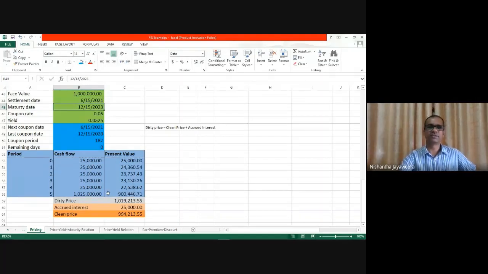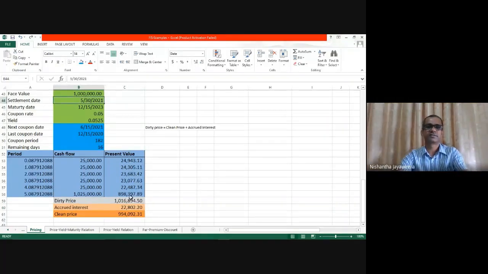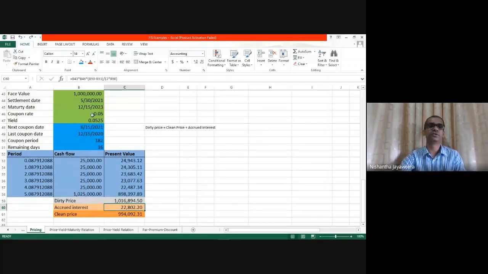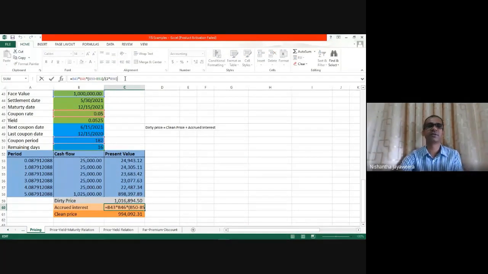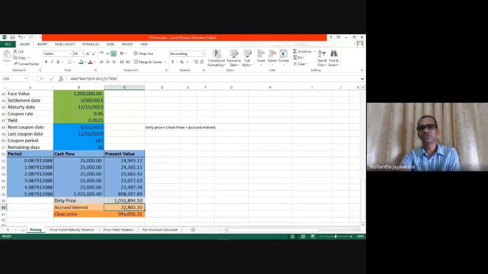Here, because I have put an equation, it will give some number, but that's the cash flow that we are expecting on the 6th. In a proper system, it should show as 0.